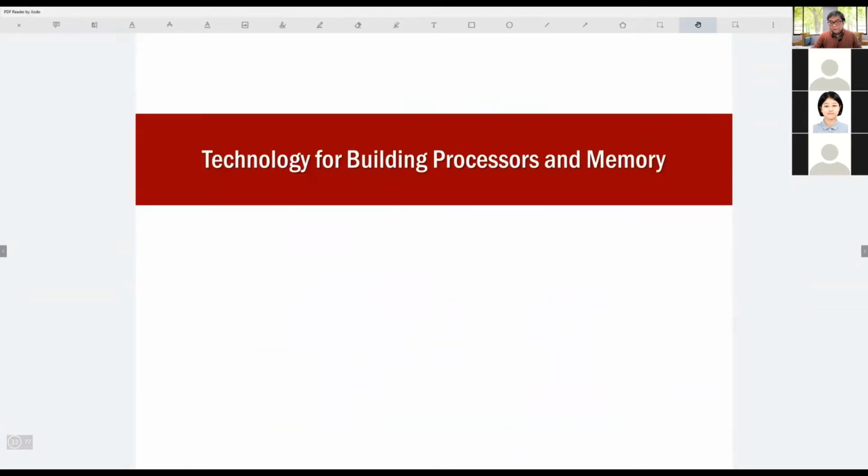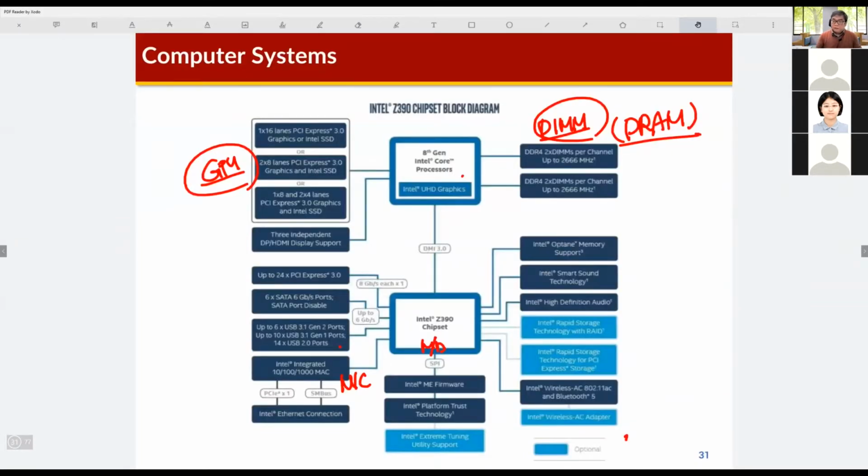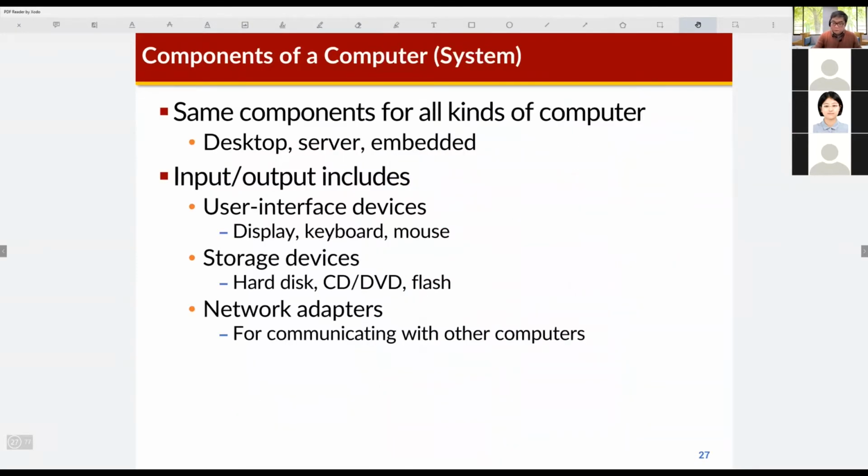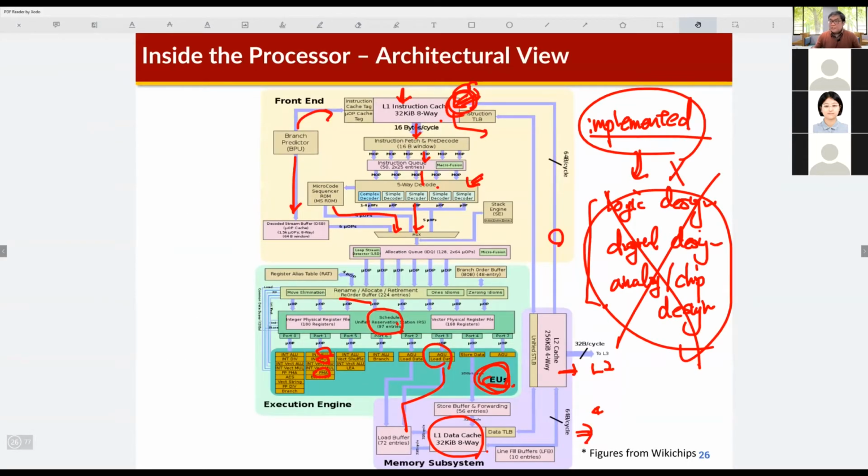Okay, so until now, I explained the abstraction of computer systems, processors, and how components are organized and connected inside our computer systems. But I also explained various levels of abstraction in computer systems. You can find the different levels of abstraction in figures such as this one.